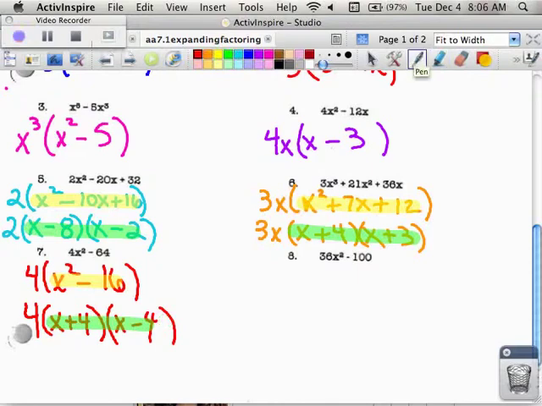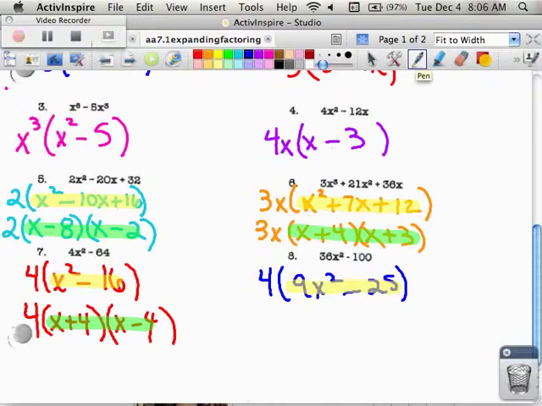In number 8, it's something similar to number 7. So as I do number 8, what I see is that in 36 and 100, there's a number that goes into both. 4. So I write down my 4, and left over is a 9x squared and a minus 25. And then as I look at the thing that's on the inside, I say, is there anything I can still do with the stuff that's on the inside? And the answer is yes.